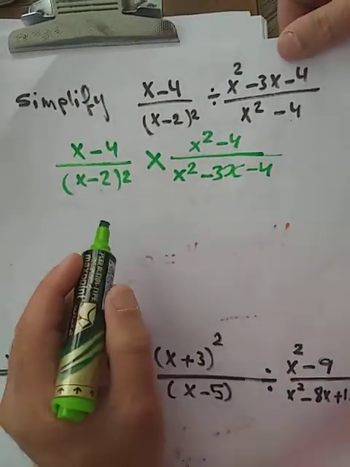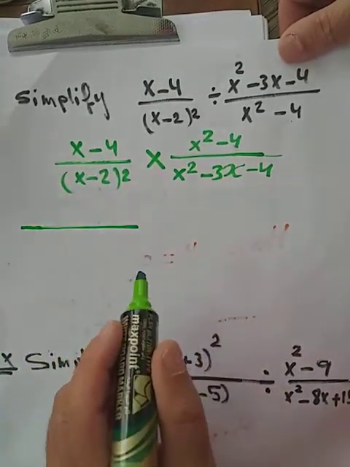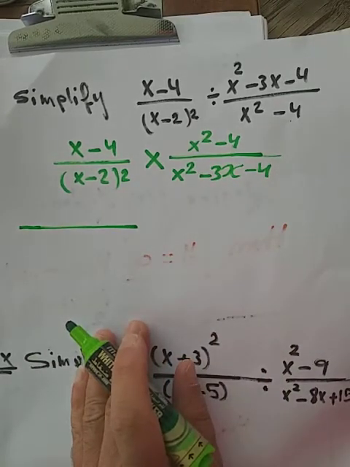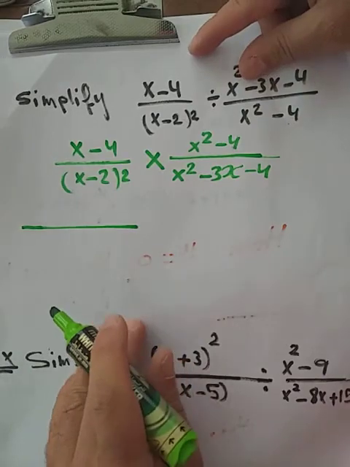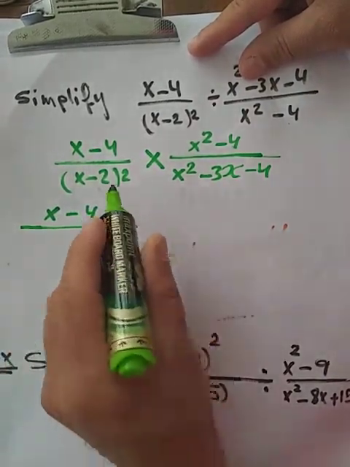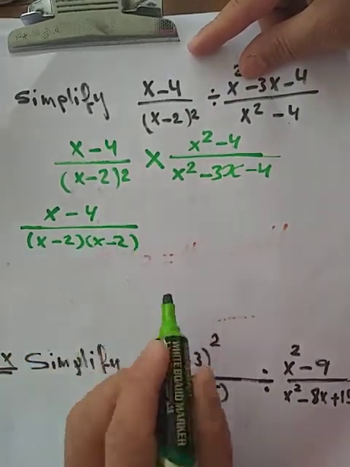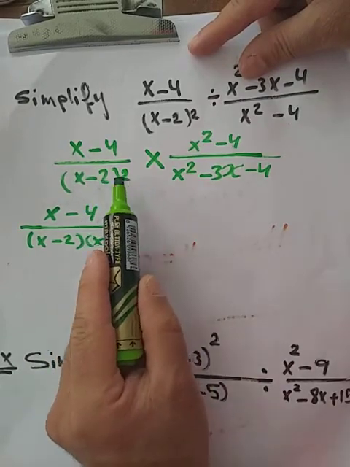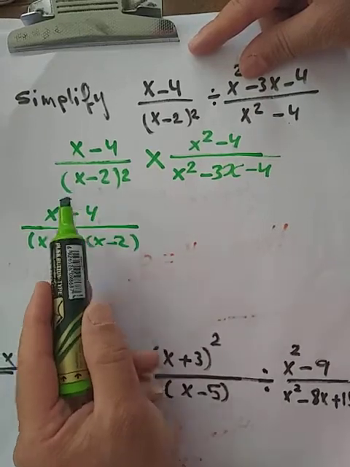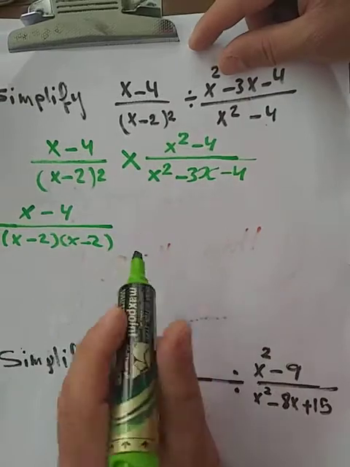Now, second step, factorize. Let me factorize. X minus 4, the simplest one. And this one we can write as x minus 2, x minus 2. Same bracket to the power 2 means this bracket repeated 2 times. Times, multiply.